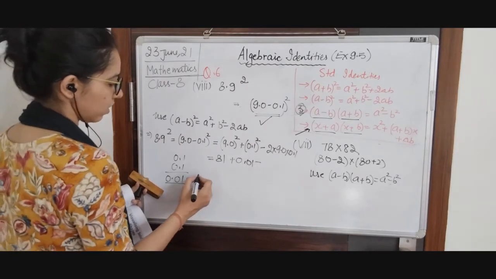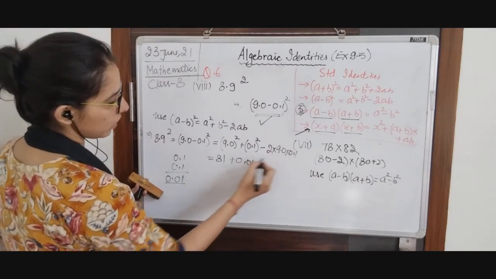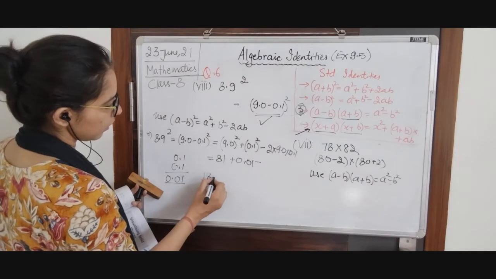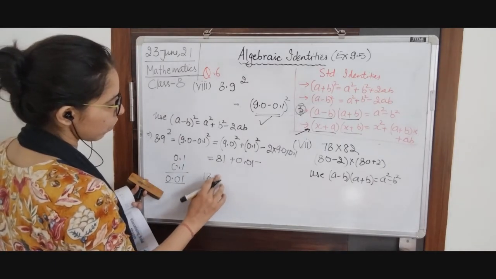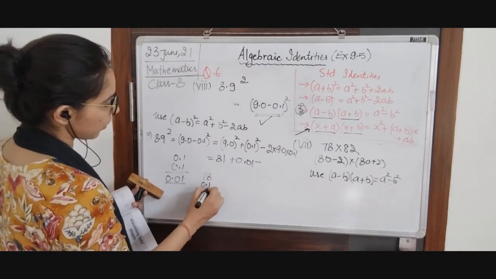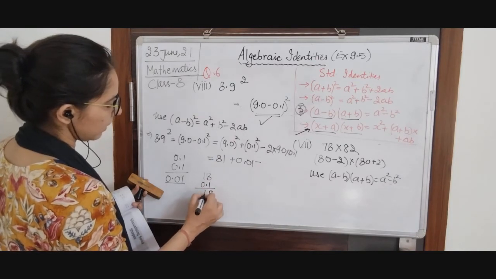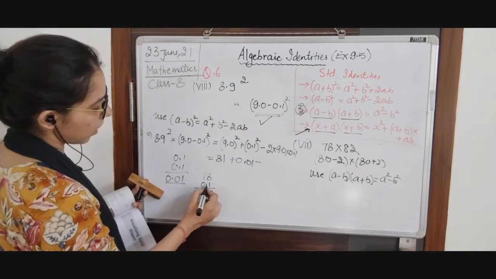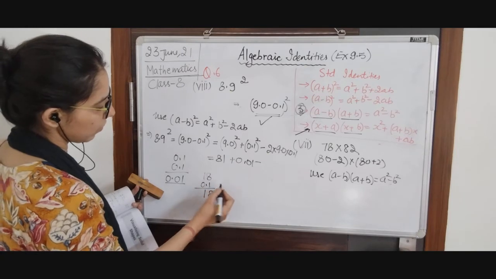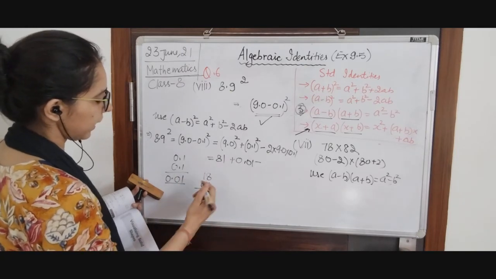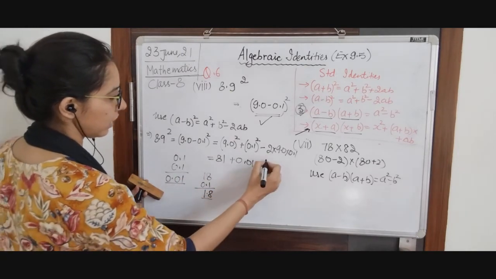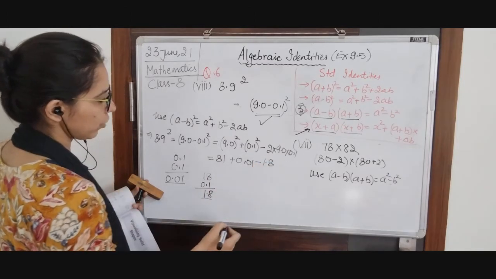Now we have 2 into 9, which is 18. 18.0 you can write, or 18 into 0.1. So we get 18, and now we put the decimal before one number from the right-hand side, so we get 1.8. So we write 1.8.